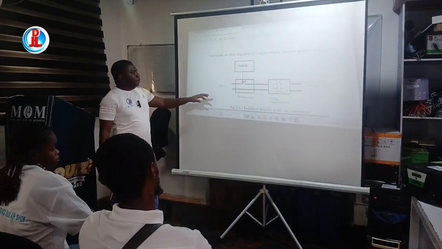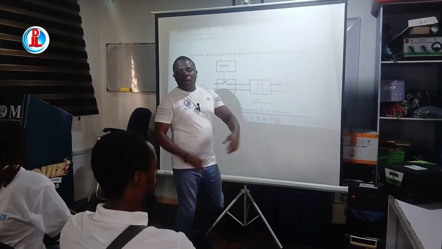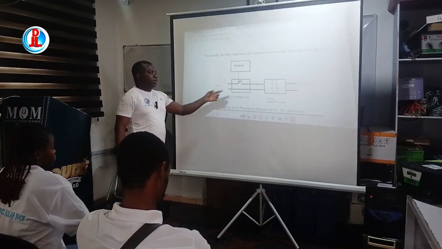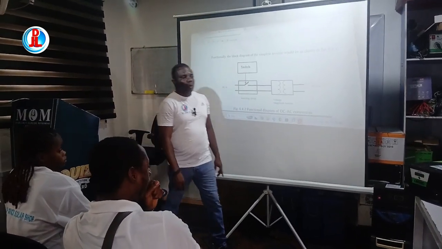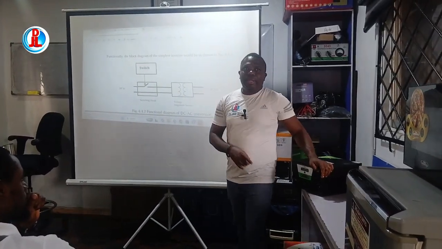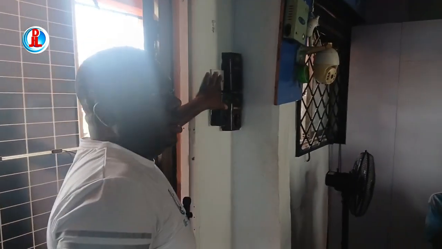So now, if I have a DC in and I have a switch, once I close my switch, just like your normal fuse, sometimes they will use this. If you open this thing, what you see is just a switch like this. Look at this. Light off.